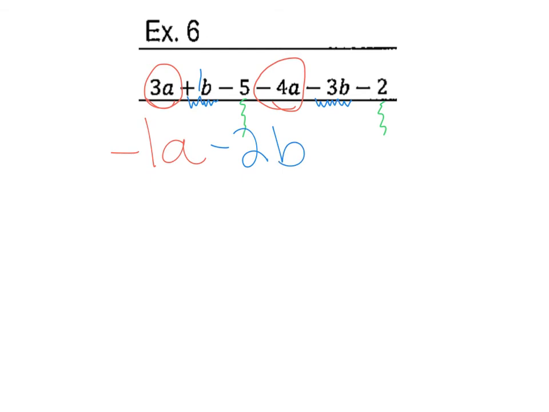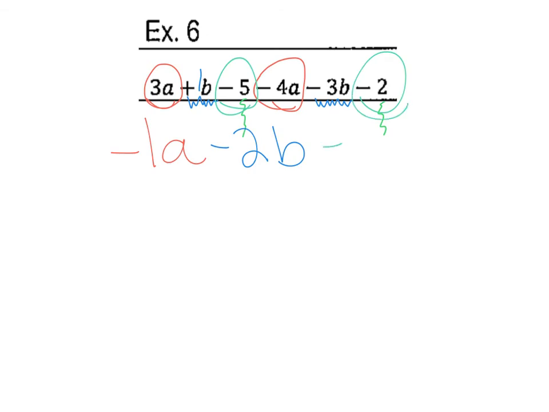And let me pick another green that's a little more dark. How do I get dark? Maybe there? I don't know. Anyways, I got a negative 5, a negative 5, and a negative 2.